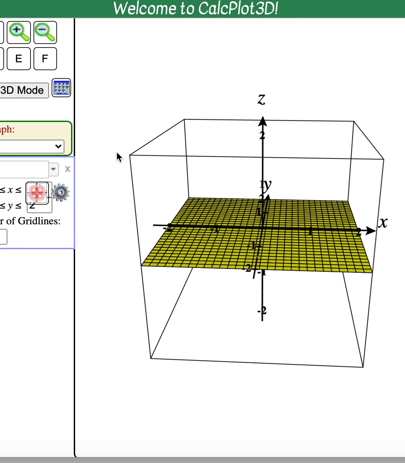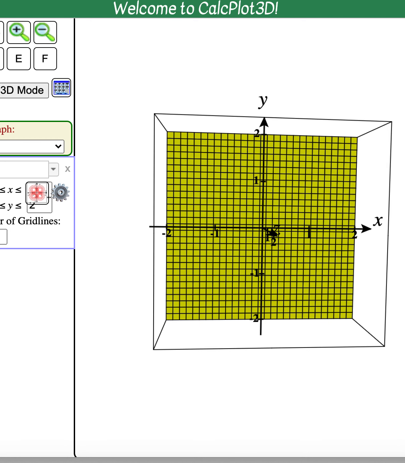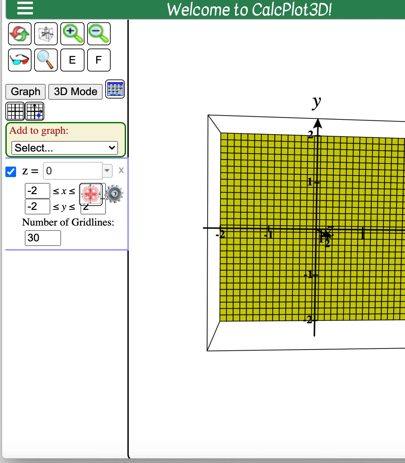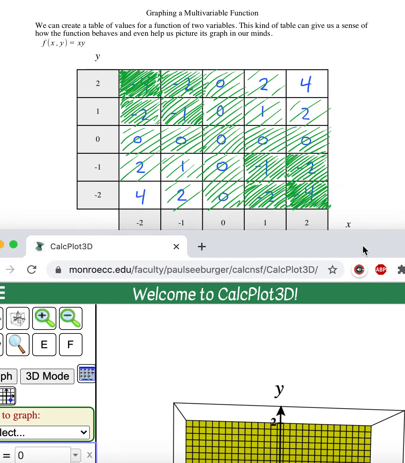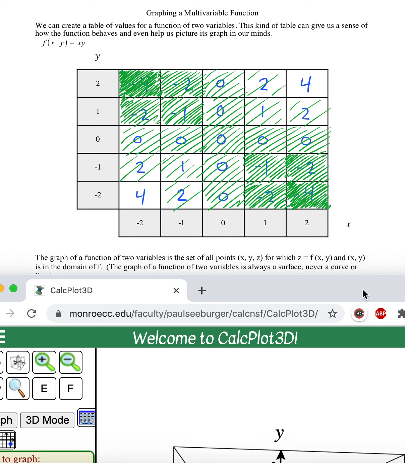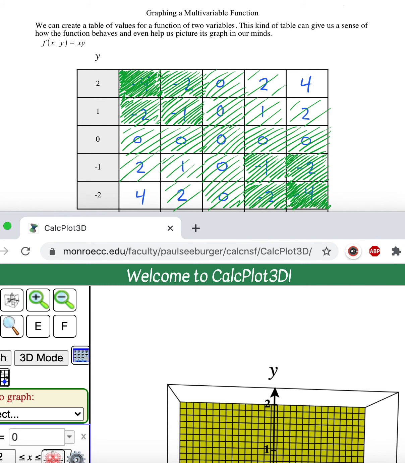So this is nothing more than just a simple plane that I'm looking at. It is the function z equals 0. And when we look at our coordinate pairs in this type of table format, the values tell us how high off the xy plane our surface will be.